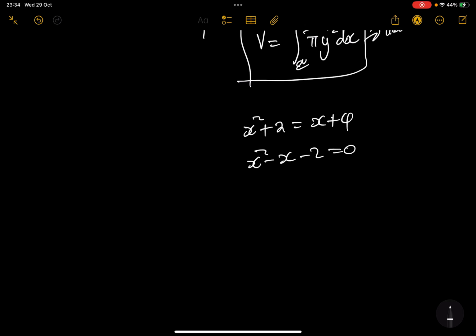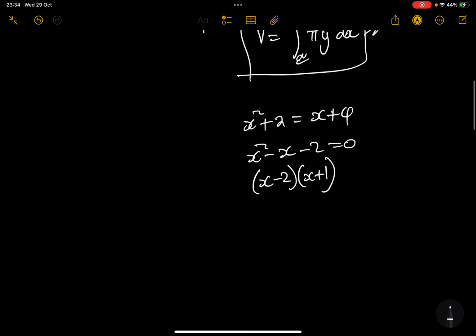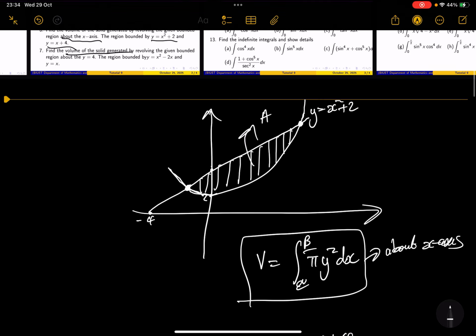If you factor it, you're going to have x minus 2, x plus 1, if I'm not mistaken. Yes, this is equal to 0. So x is equal to 2 or x is equal to -1. So this point is going to be -1, which is also consistent with our sketch.